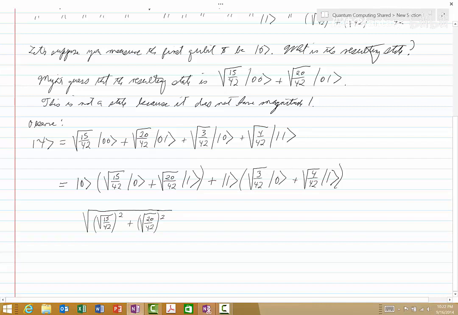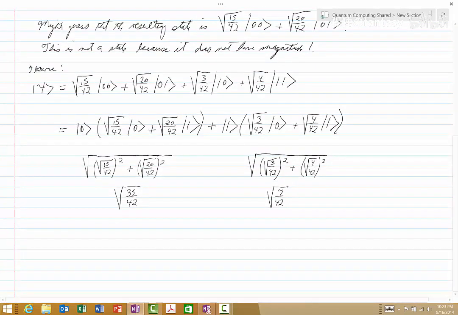And for the second term, we'll take the square root of the square root of 3 over 42 squared plus the square root of 4 over 42 squared. Now, squaring the first term gives us 15 over 42. Squaring the second term gives us 20 over 42. So we have the square root of 35 over 42. And similarly, for the second one, we get the square root of 7 over 42.